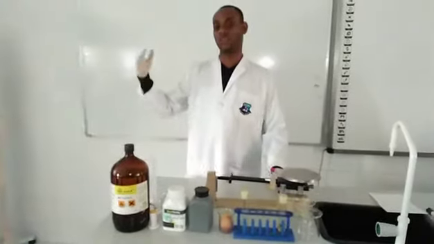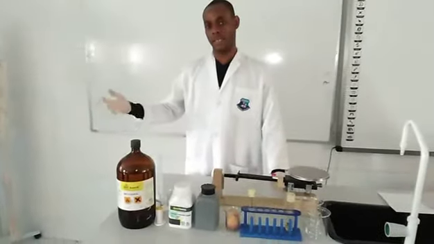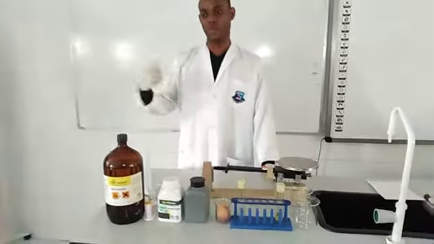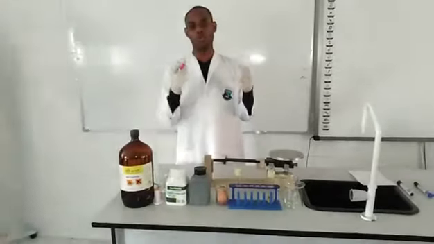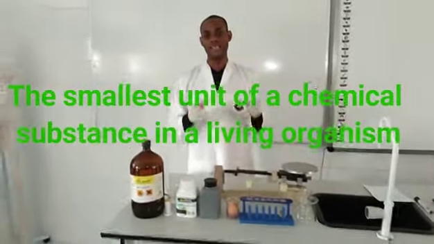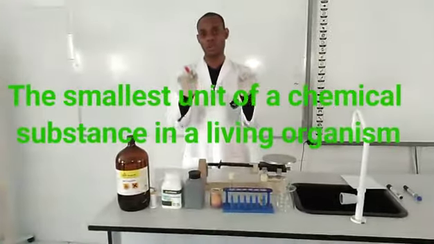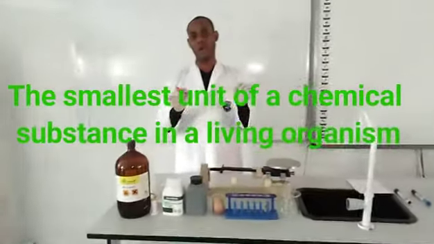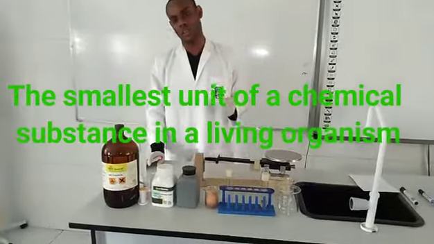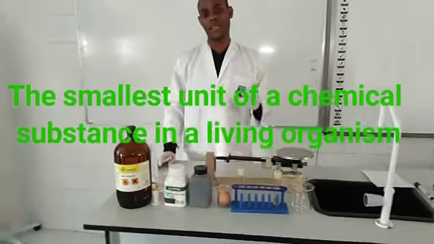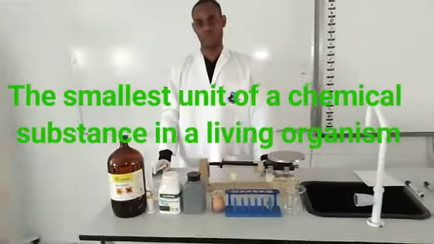When we have these two or more elements in biological systems, in living things, we refer to them as biological molecules. In other words, a biological molecule is the smallest unit of a chemical substance in living organisms.